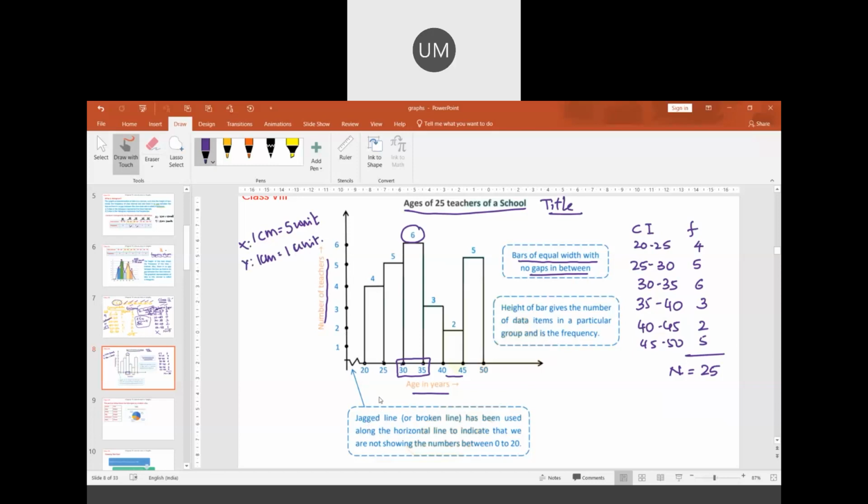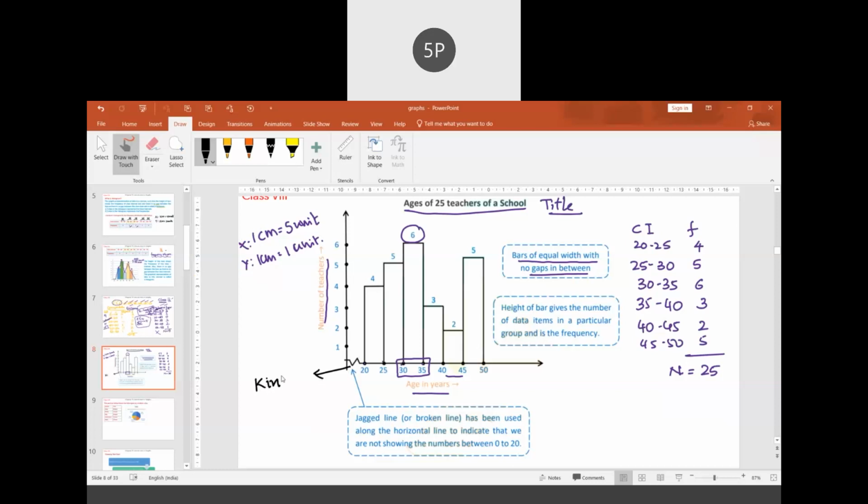Here, there is one more thing to be observed. Between 0 to 20, there is a zigzag line, a jagged, broken line. Probably you have come across this broken line in earlier graphs. The name given for this is a kink.